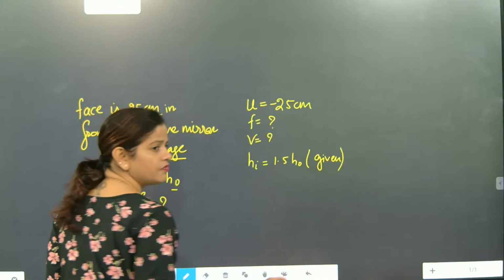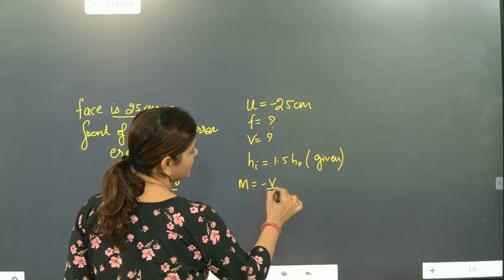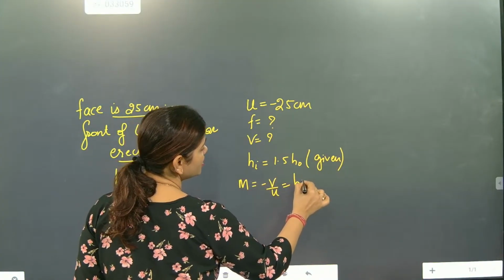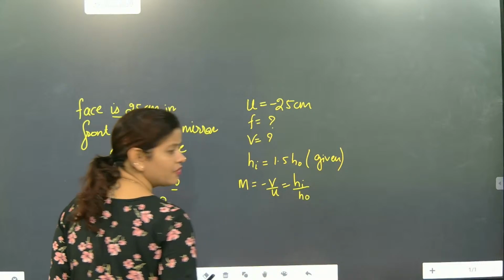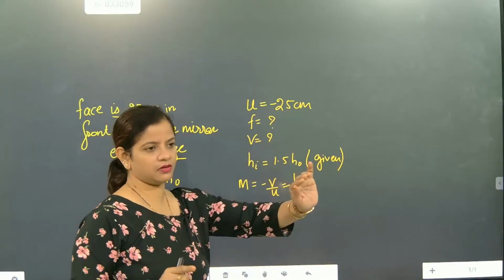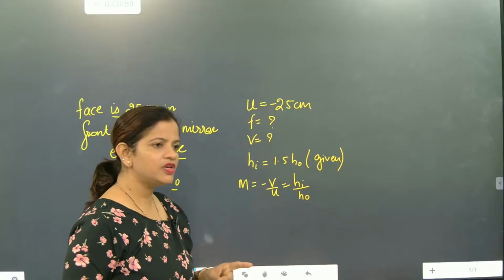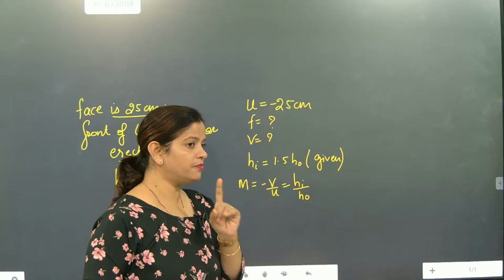Now one small work we have to do, magnification. Magnification is equal to minus v by u, and magnification is height of image by height of object. Since the object is kept between focus and pole, the magnification will be positive. Remember this.